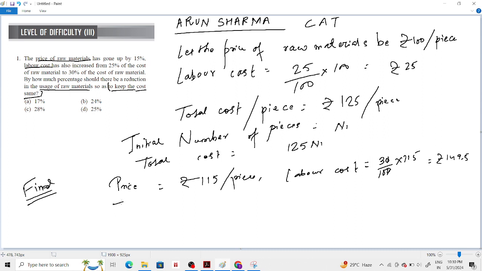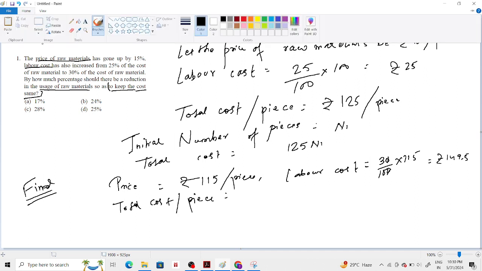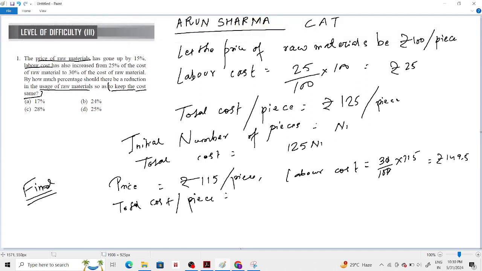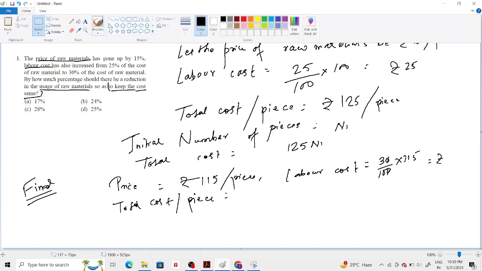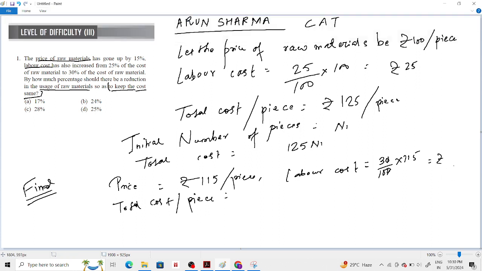So what is the total cost per piece? This is 34.5, and the total cost per piece will be 149.5.